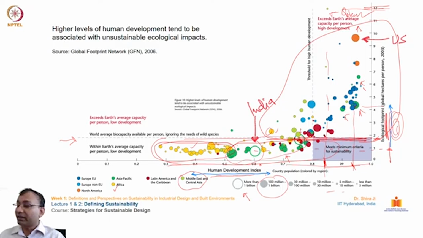Their footprint is also very large in terms of population and overall resource consumption. So they must consider the situation that other countries in this league are experiencing, which belong mostly to what we call the third world: other African countries, some Asian and South Asian countries, and countries from Latin America.